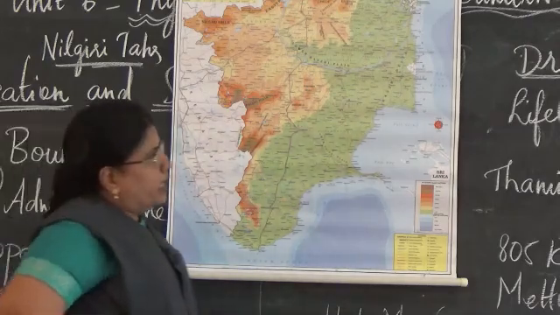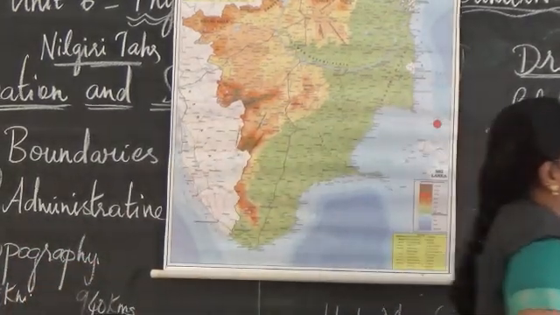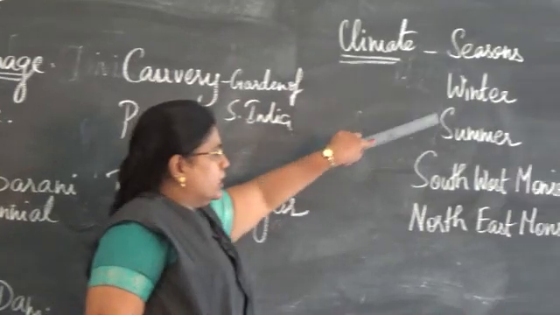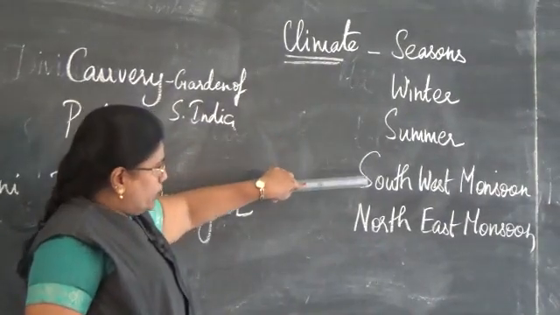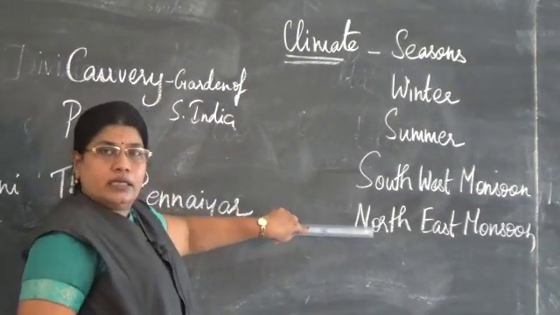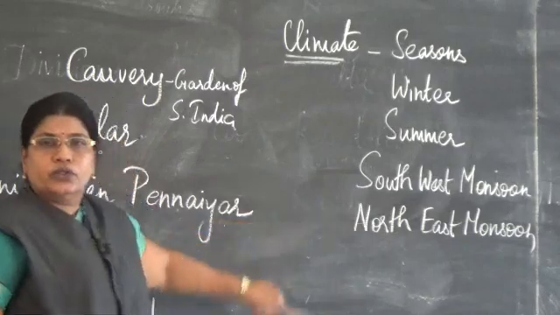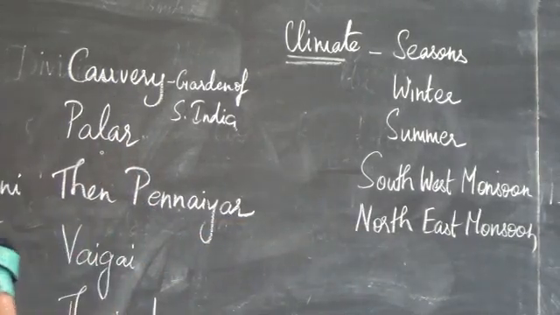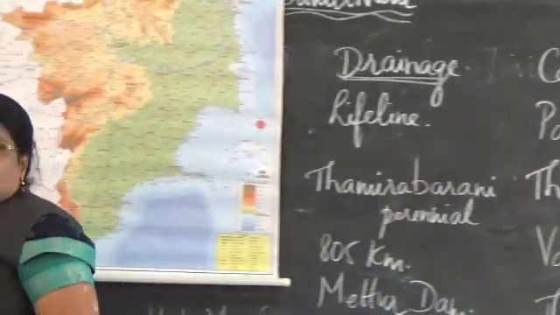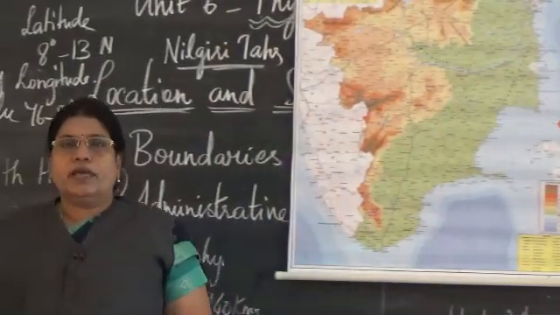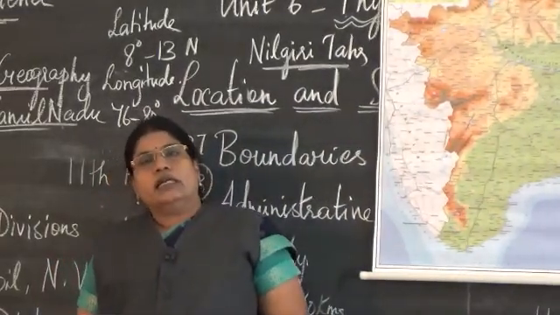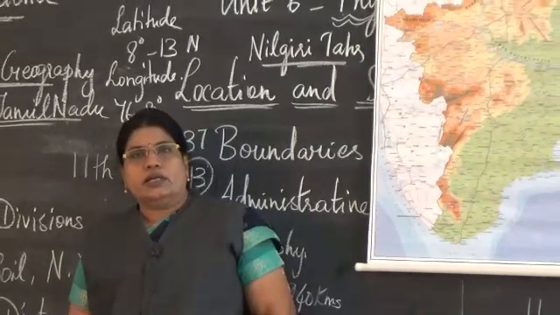So we have the winter, the summer, the southwest monsoon and the northeast monsoon. These are the 4 different seasons found in Tamil Nadu. This is based on the vertical rays of the sun that fall on the state of Tamil Nadu.